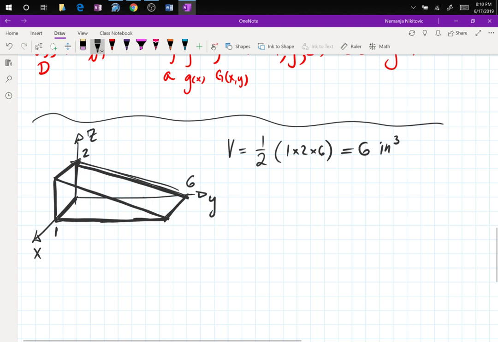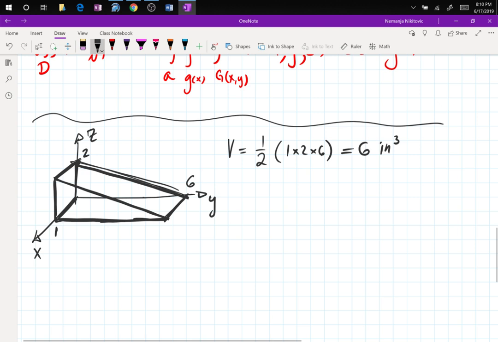That's the volume without using any calculus, because if you have this wedge and then you put another one of this on top, they will create a rectangular box. And this is half of the rectangular box, and we say it's 6 inches cubed.